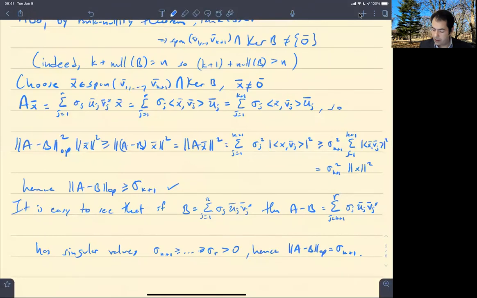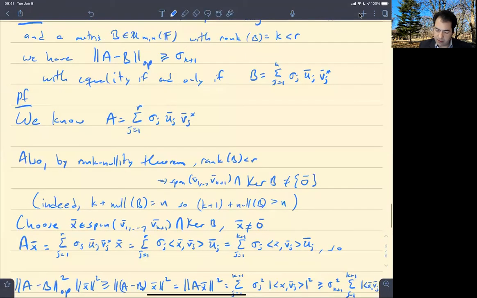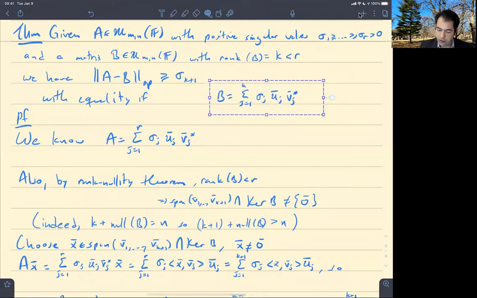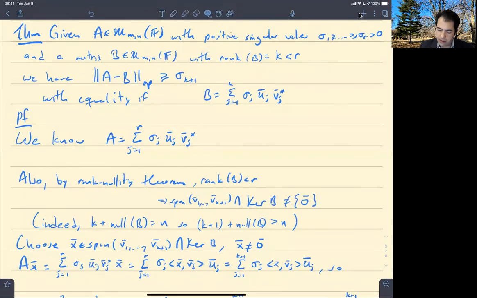Okay. So that proves the theorem, except I overstated this. It should say with equality if you have this matrix. So this matrix gives you an approximation of your matrix as well as possible, but it might not be unique.